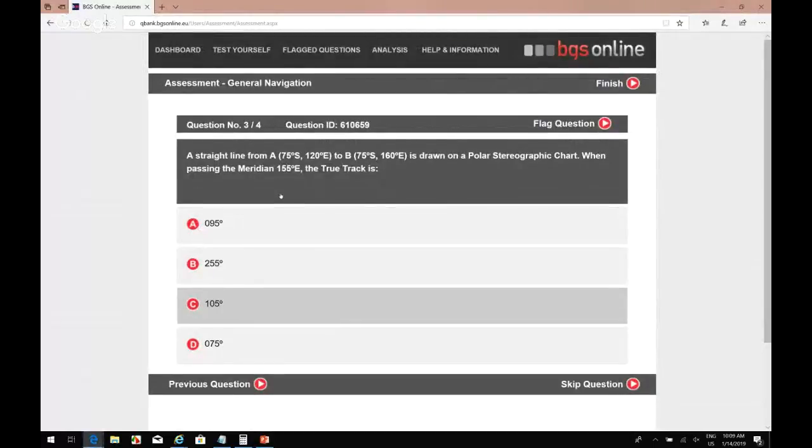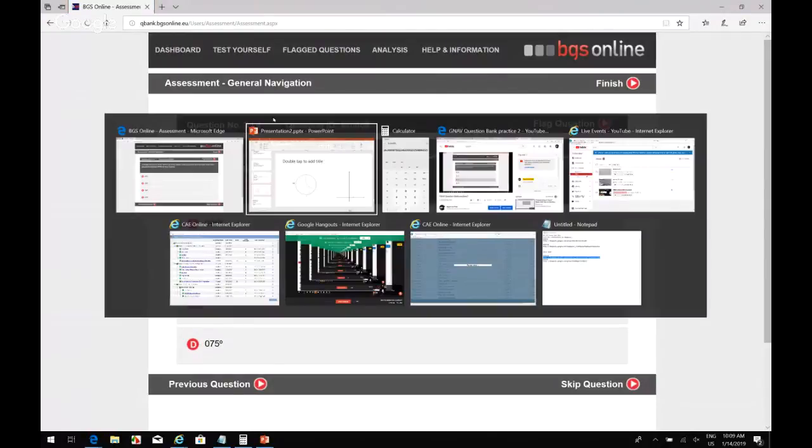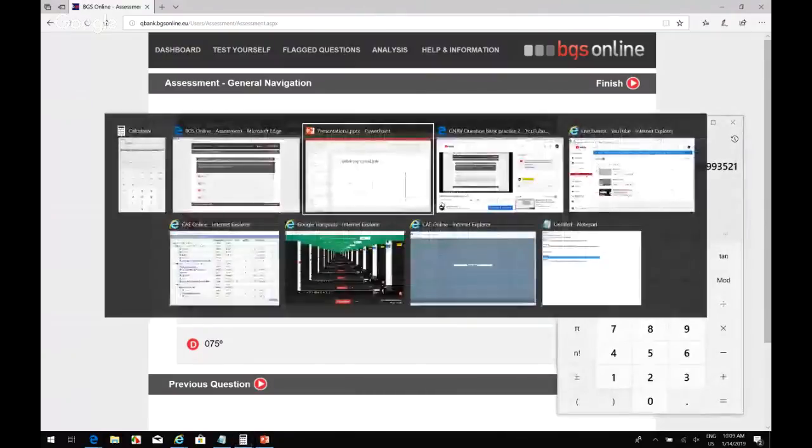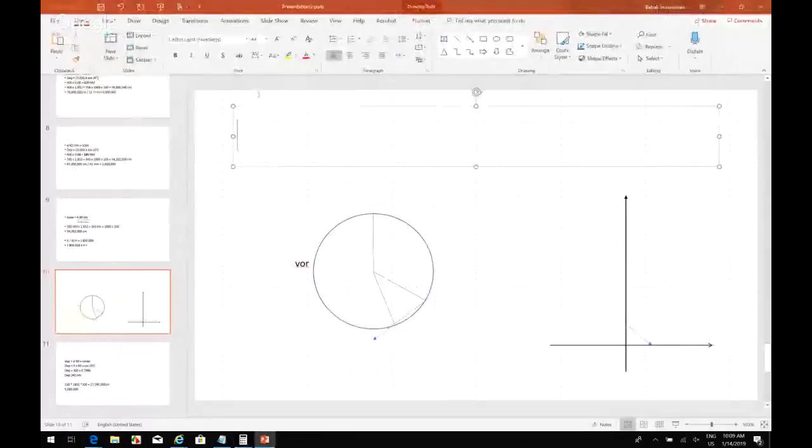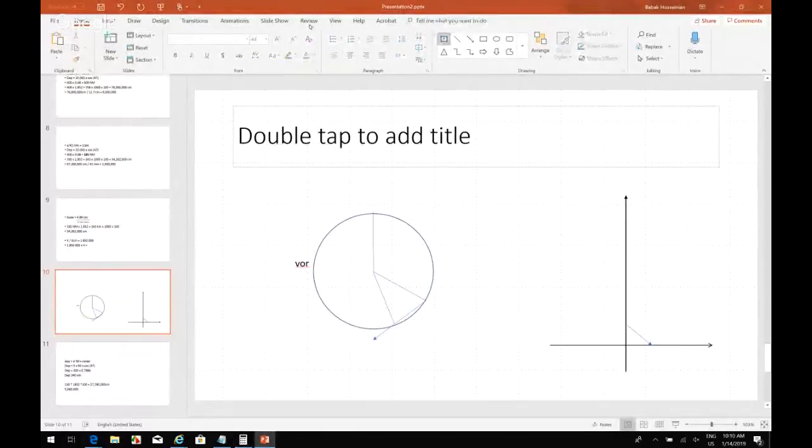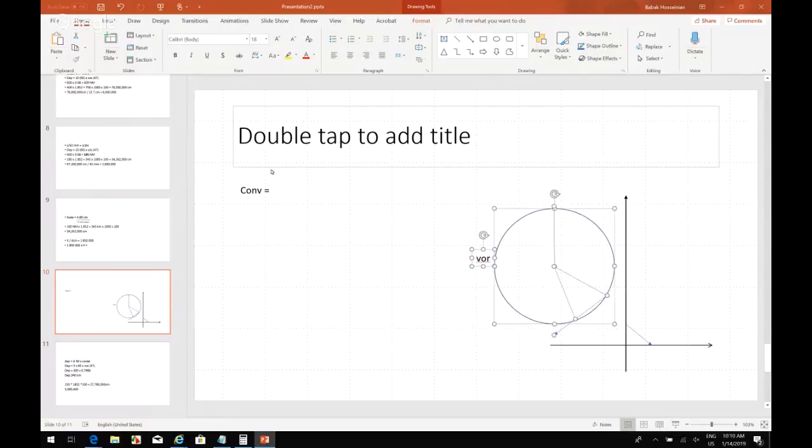So if we say 160 minus 120 is 40. So we'll say convergency equals, so convergency is, what was it?